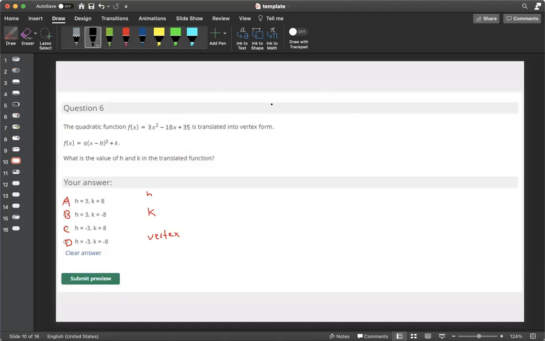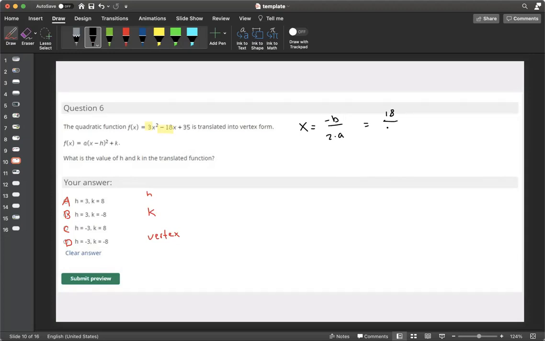So let's go ahead and do the math. We have to use our x is equal to negative b, or that is negative 1 times our b value, divided by 2a. So my b is a negative 18. My a is 3. So what is negative 1 times a negative 18? That is 18.